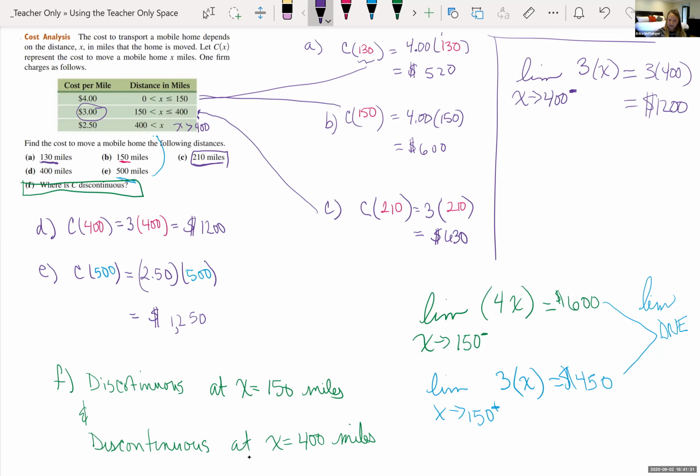But if I look at the limit as x is approaching 400 on the right, that means I have driven more than 400 miles and I need to use this $2.50 times x, which is 2.50 times 400.